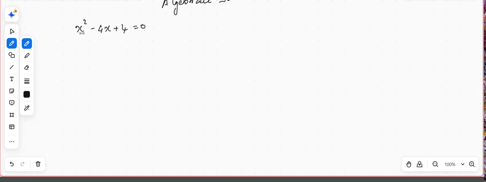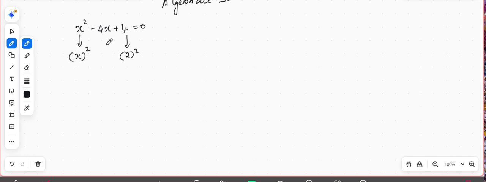Coefficient of x square is 1. So this is a perfect square. And the constant term, this is again a perfect square. So can I write this as x the whole square and this as 2 the whole square? So there is a possibility, I can write it in terms of x and 2. So there is a minus.